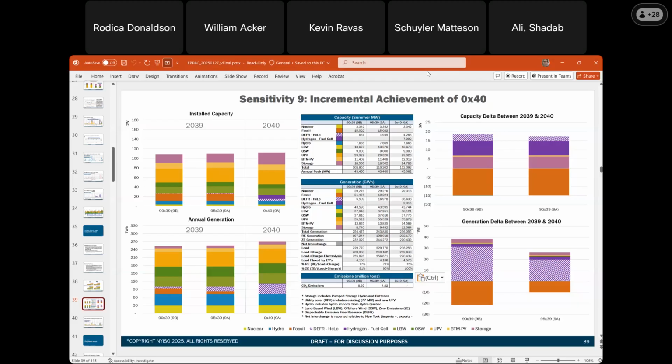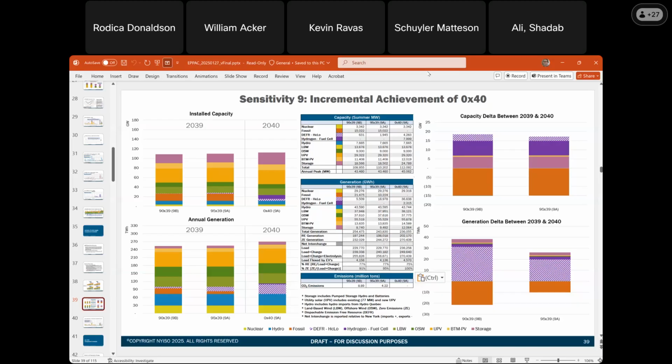One of the reasons we wanted to run this sensitivity specifically was because in a lot of the modeling results so far, the model was showing something around 80 to 82% zero emission in 2035. It stayed fairly similar from 2030 to 2035, and then all of a sudden jumped up in the last time step to 100%.